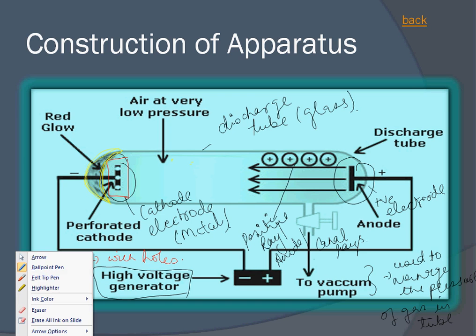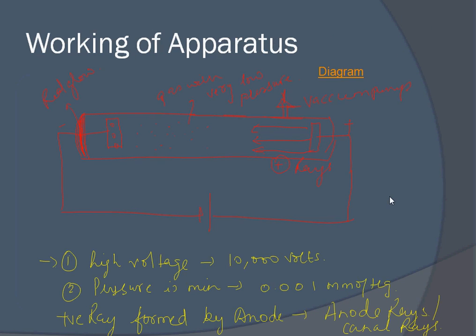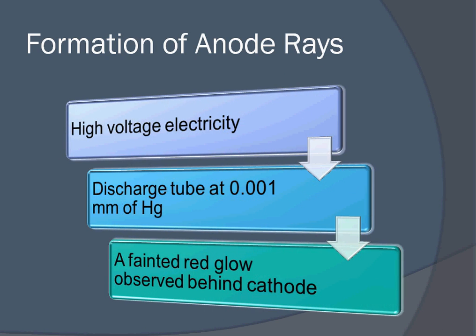Now let's come to the properties. So how are the anode rays formed? It is basically a process. When high voltage electricity at very low pressure, that is 0.001 mm of mercury, is introduced in this discharge tube, a faint red glow is observed behind the cathode.